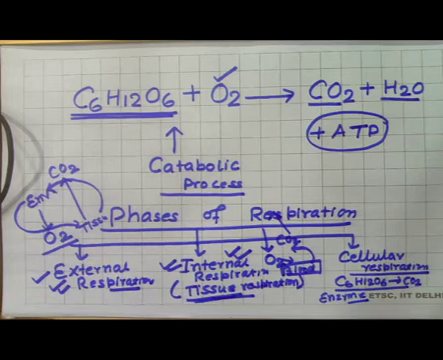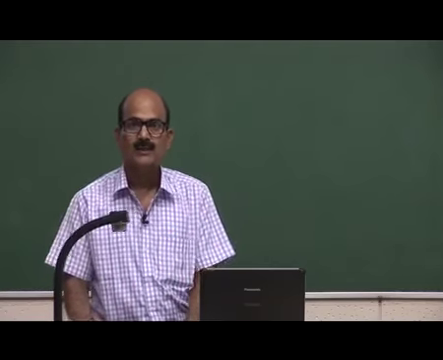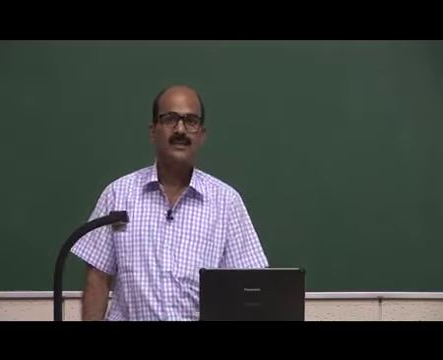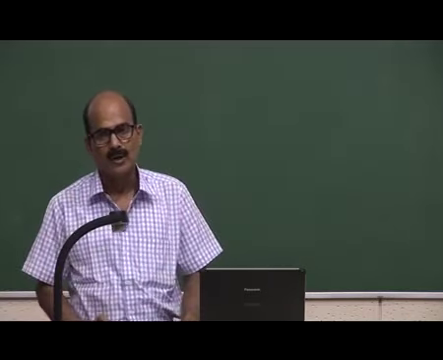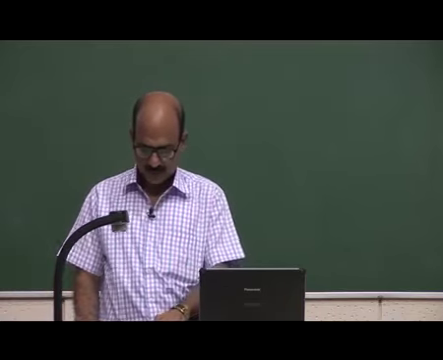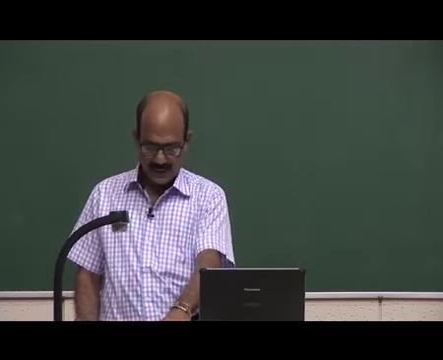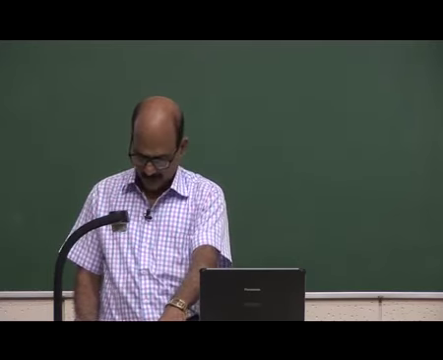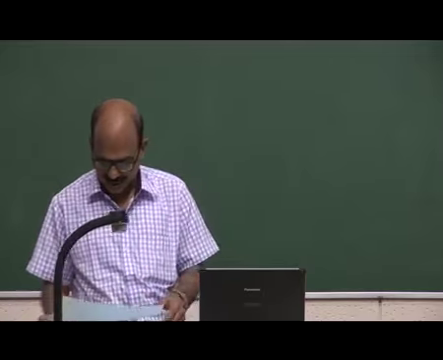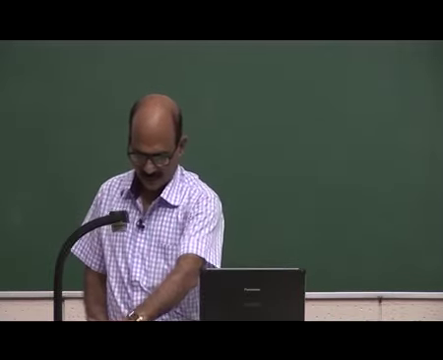So, there are 3 phases of respiration: external respiration, internal respiration as well as cellular respiration. All 3 take place in our body and in all living organisms including plants, but mainly in this chapter we have discussed cellular respiration, the breakdown of glucose into carbon dioxide and the release of energy.